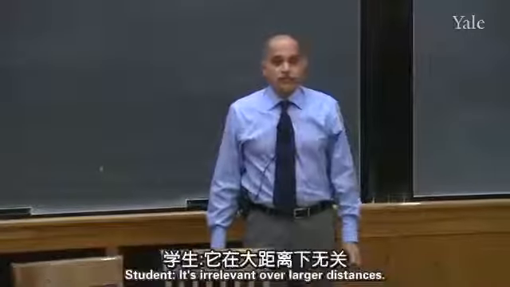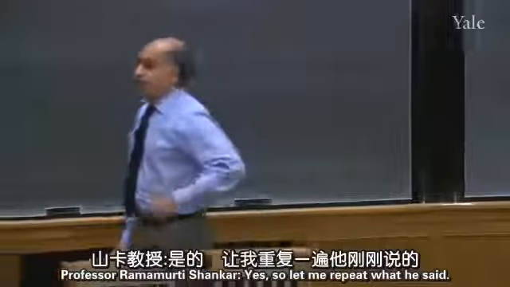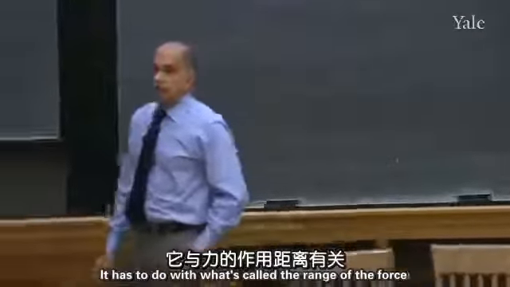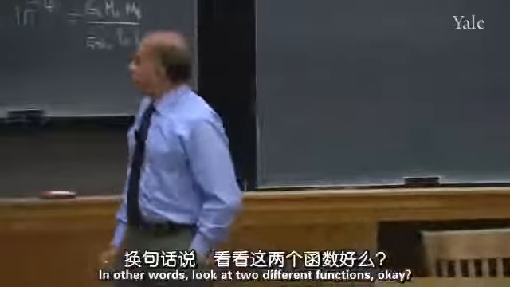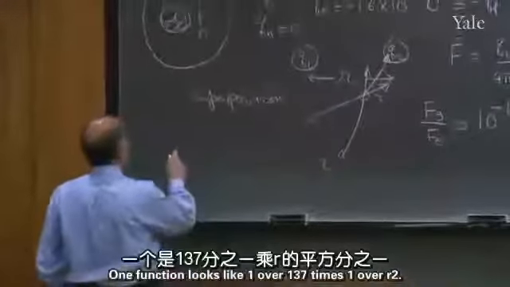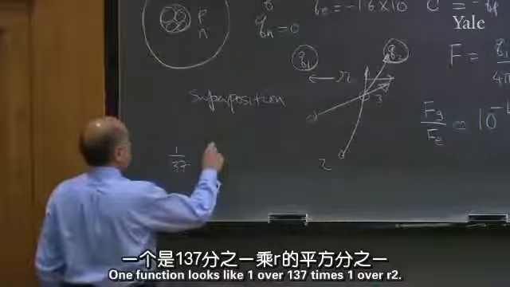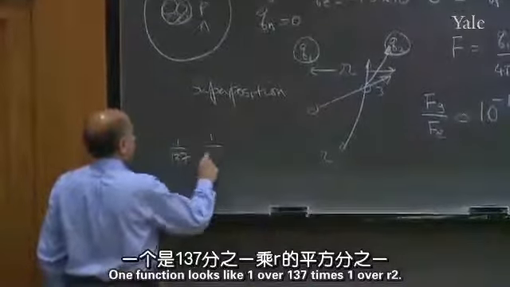Yep? Is it relevant over larger distances? Yes. So let me repeat what he said. It has to do with what's called the range of the force. In other words, look at two different functions. One function looks like 1 over 137 times 1 over r squared.